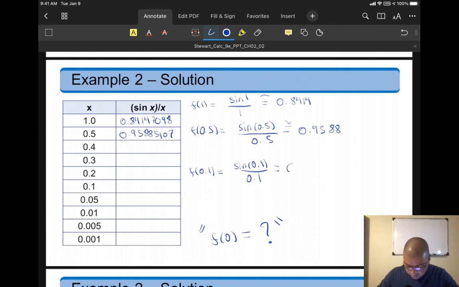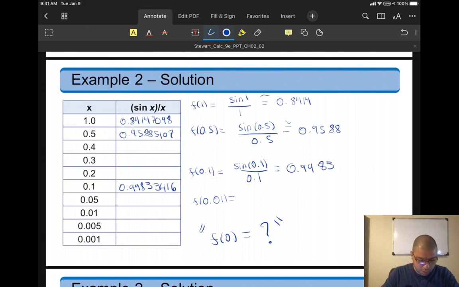That will be 0.9983 or something: 0.99833416, just because they're asking for 8 decimal places, I want to write the whole thing that I found in my calculator. And look, as you notice, if you try and do f of 0.01, right?